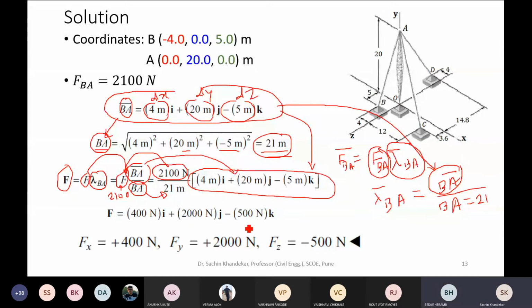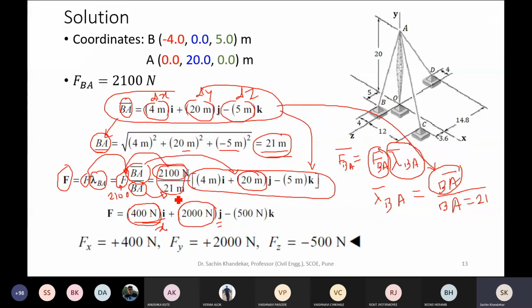No, sir. Okay. Then what do you do? You just multiply this 2100 divided by 21 multiplied by 4 to get the x component. The i coefficient means the x component. To know the y component, this ratio 2100 divided by 21 multiplied by 20 will give us the y component. And then how will you get the z component?